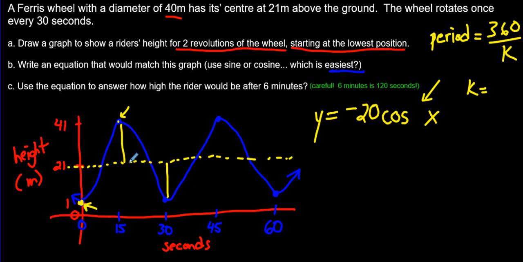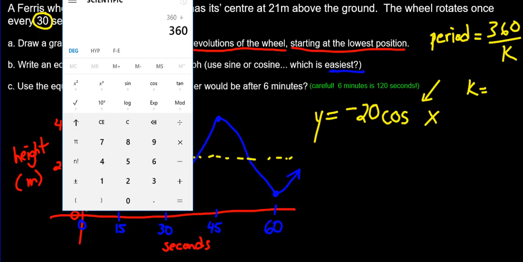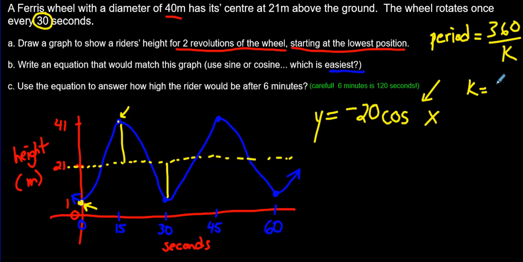Well, what's the period here? Guess what? It even tells us right here in the question. The period is every 30 seconds. So 30 is our period. So we're going to do 360 divided by 30. Oh wow, we didn't really need a calculator for this. k is going to be 12. Okay, so I put the 12 right there.